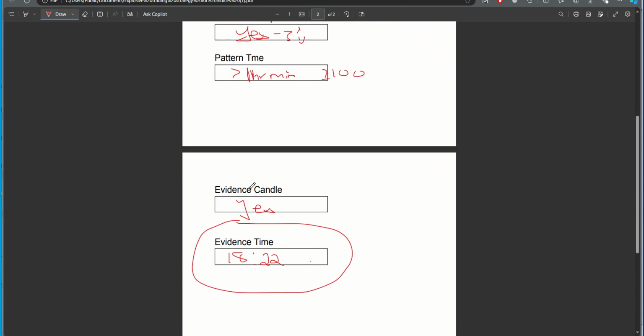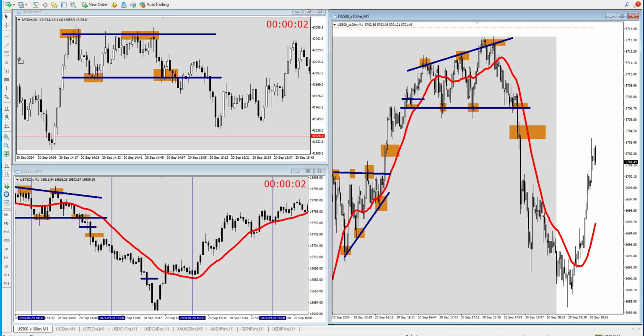Okay, did we get an evidence candle? Yes. Okay, what time? This is important. Okay, so what time was the evidence candle? The evidence candle was look down here, 1801.